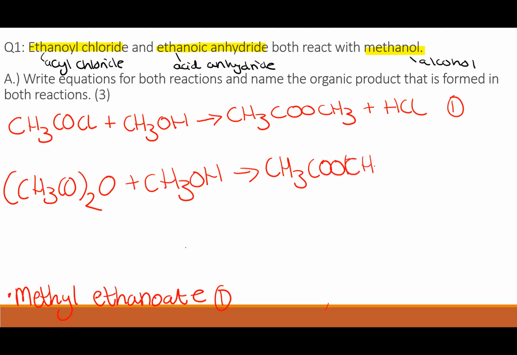And this side, it's not making that hydrogen chloride. It's going to make a carboxylic acid. So that would then get you your third mark. So a mark for the first reaction equation, a mark for the second equation, and a mark for the name.